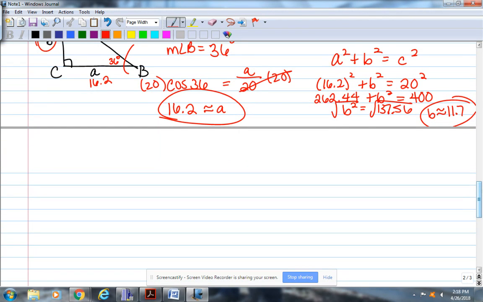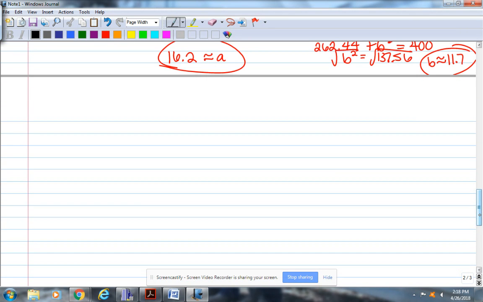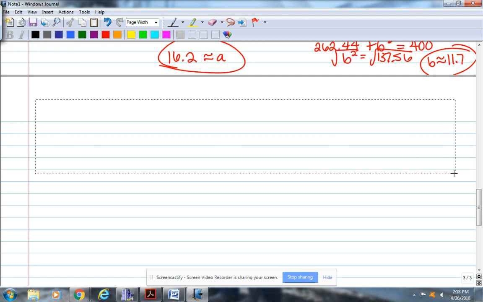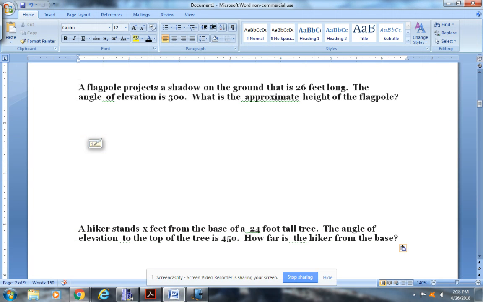All right, let's do one example of a word problem, and then we're going to call it a day. A flagpole. I should have typed this. I think I'm actually going to copy and paste it because I think I have it. Bear with me just a second because I don't want to write.